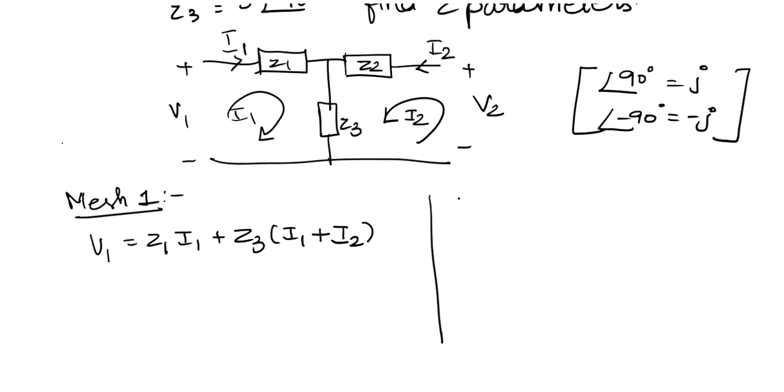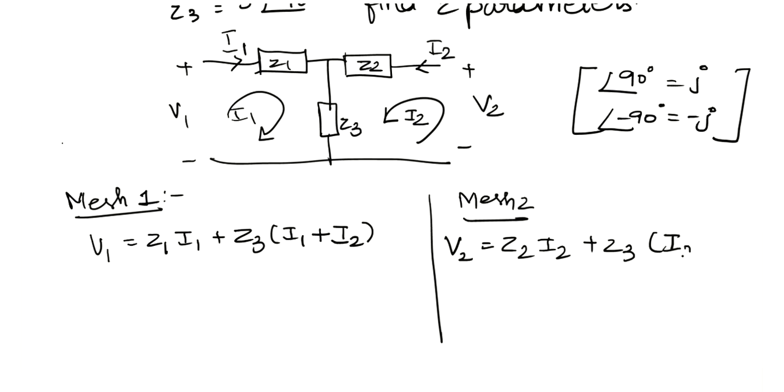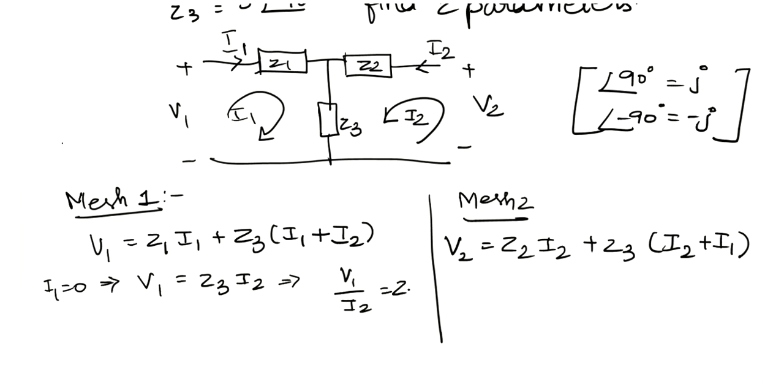And for mesh 2 equation, active element will be V2, passive element will be equal to Z2 plus Z3 into I2 plus I1. These are the two equations. Now as usual, put I1 equal to 0. Getting V1 by I2 will be equal to Z3, that will be Z12.